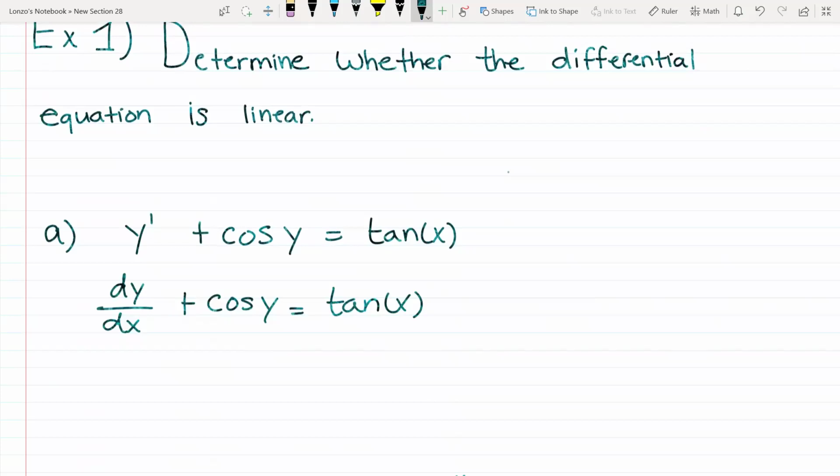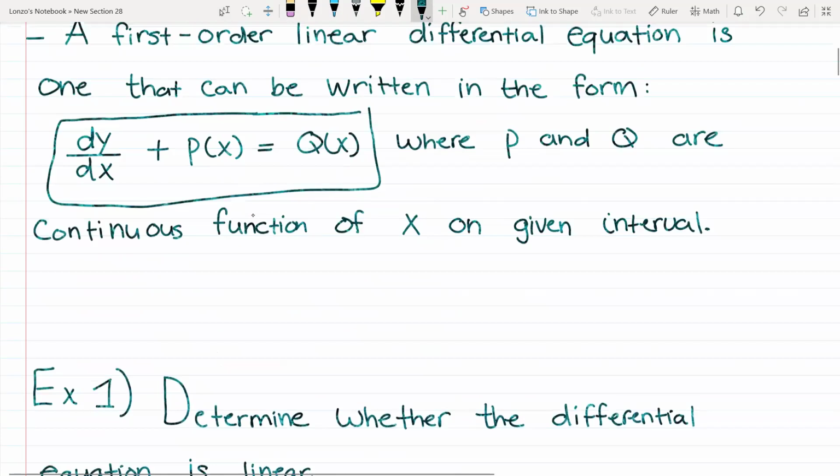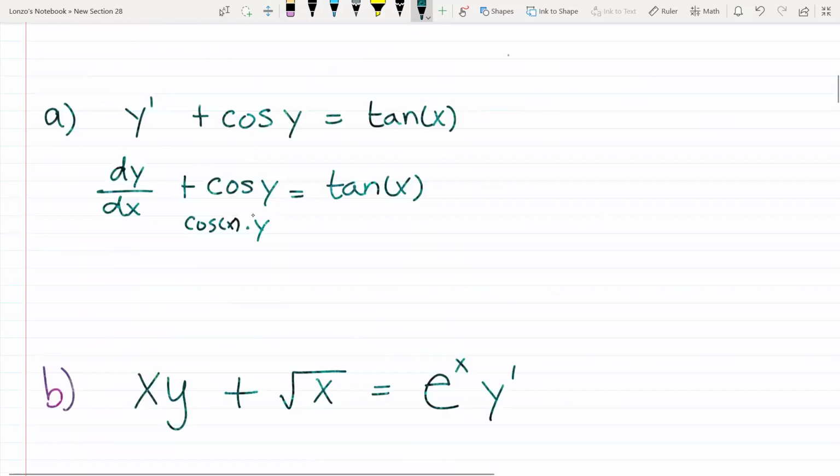This almost looks like a linear differential equation, but unfortunately this cosine y does not have an x. It would have worked if it was cosine of x times y, but it's just cosine of y, right? So it has to be p of x times y equals q of x, so this is going to be no.